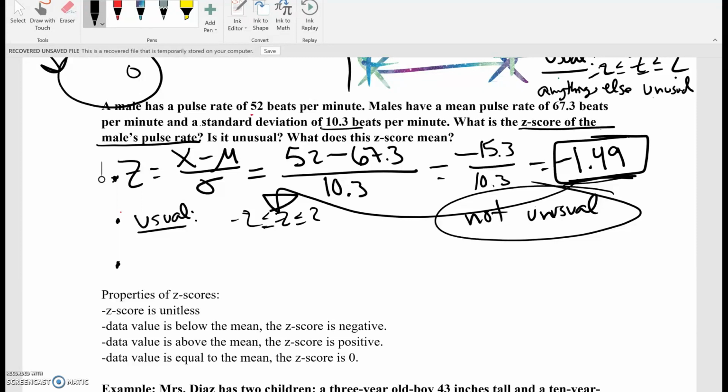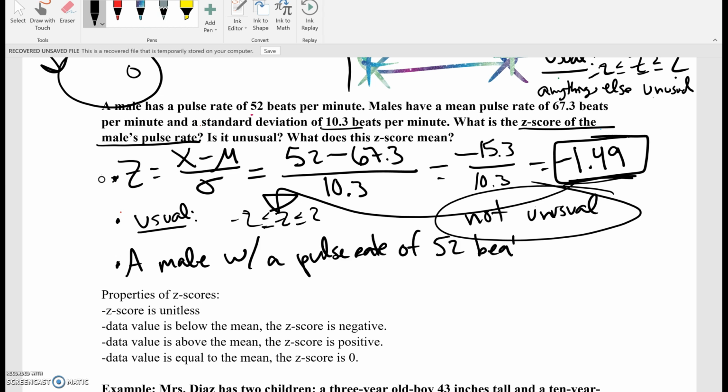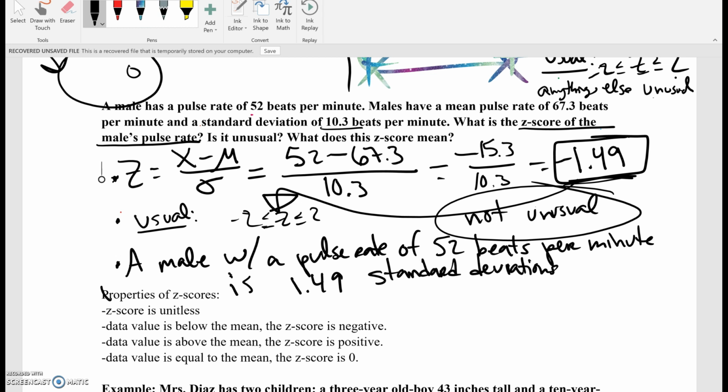What this means is that a male with a pulse rate of 52 beats per minute is 1.49 standard deviations below the mean. That's basically what it means.